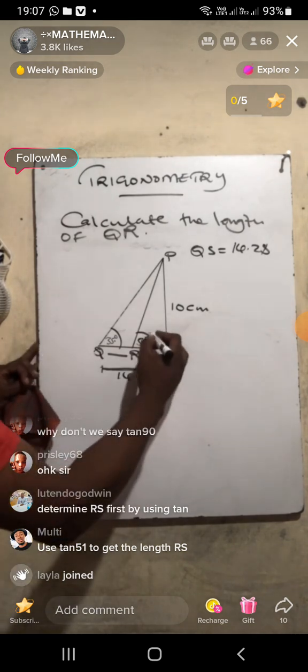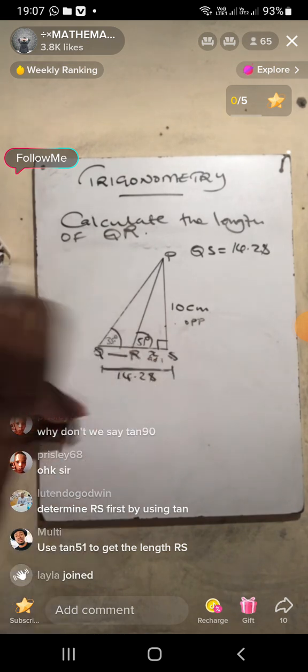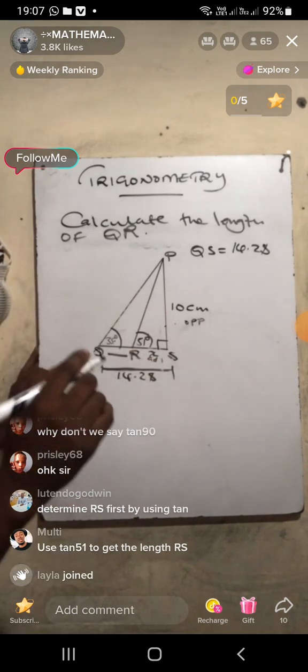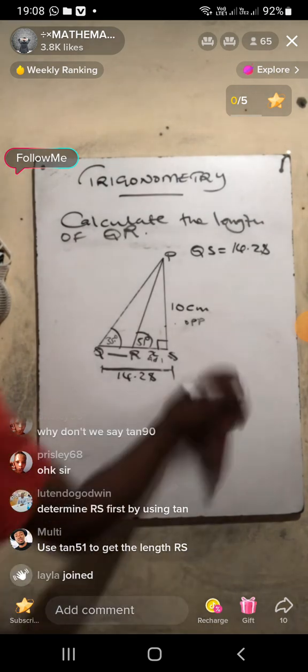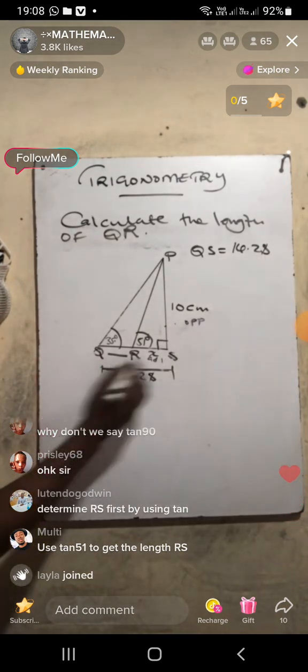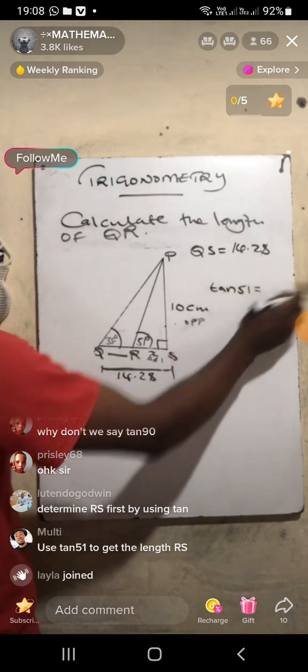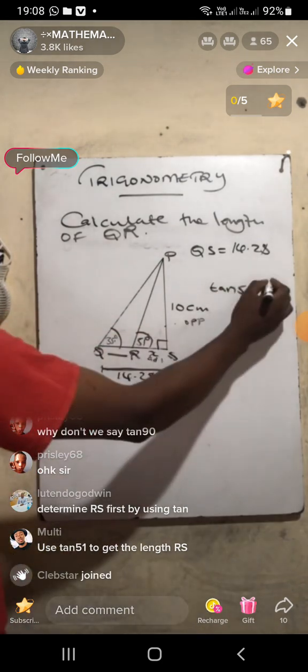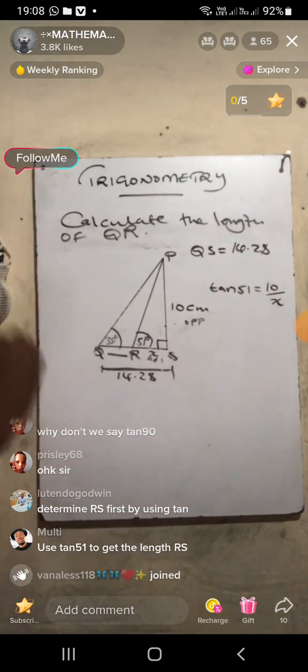So it is opposite, then we have adjacent. We still use tan. Yes, you're right. So we're going to say tan 51 is equal to our opposite, 10, over adjacent, which is x. We cross multiply.